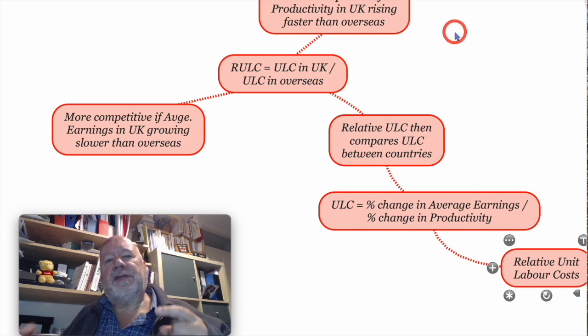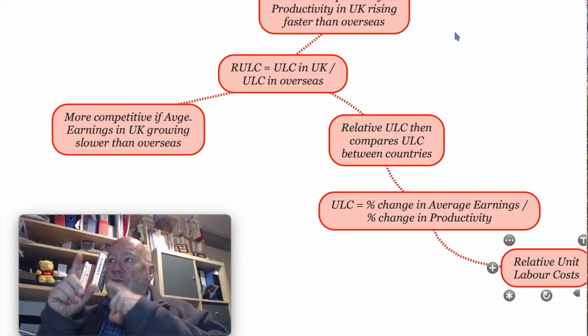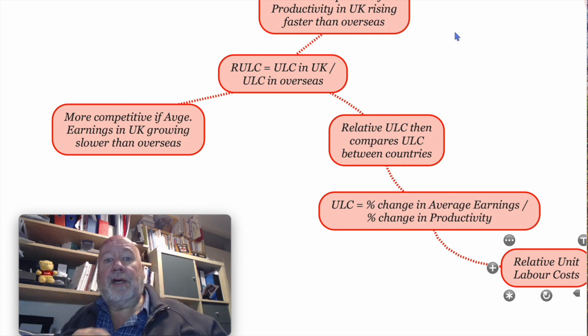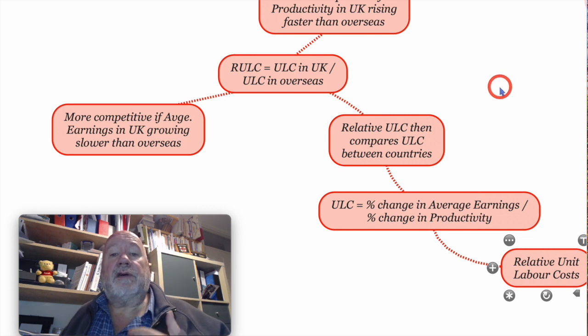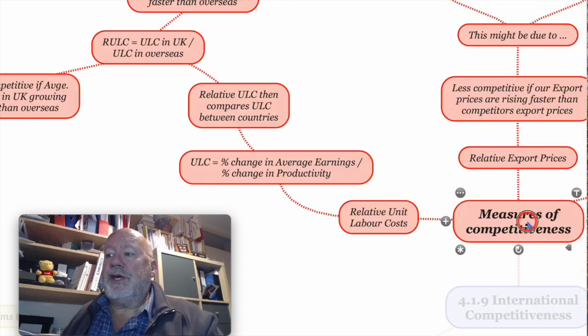So it's this relationship between earnings and productivity, and then comparing that between the UK and other countries to give us our relative unit labour costs. There are sometimes measures where they will include the exchange rate in this.